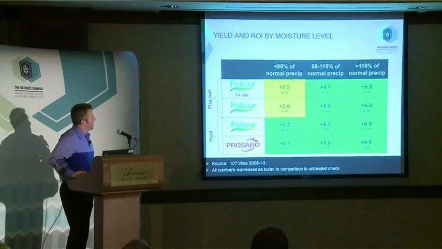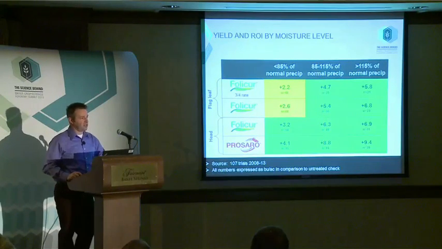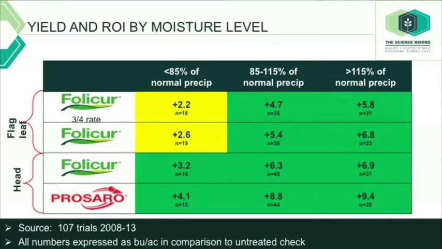So then we went back and separated each of these individual treatments out, again in comparison to the untreated, and how they stack up. As you would expect, when we get into some of those dry scenarios, where we're less than 85% of normal precipitation for that area for the year, we are not seeing as much of a response as in some of the other moisture conditions, but they're still rolling through as very much a break-even type of proposition.